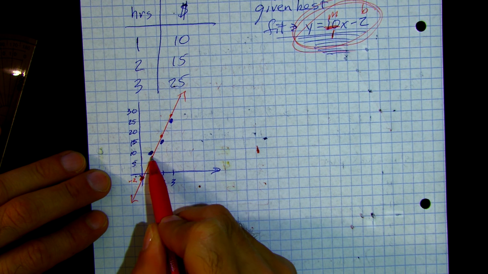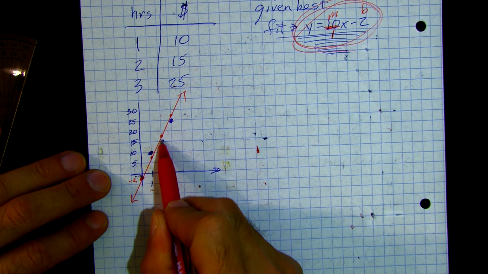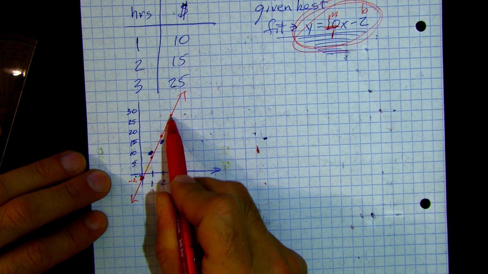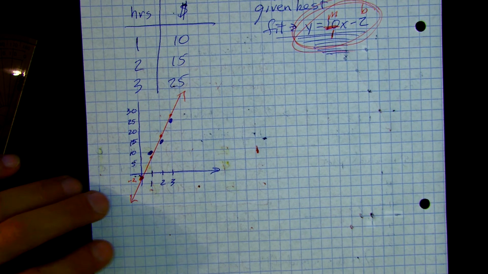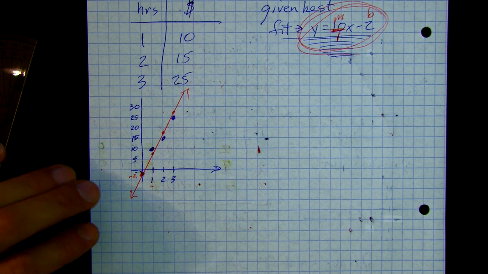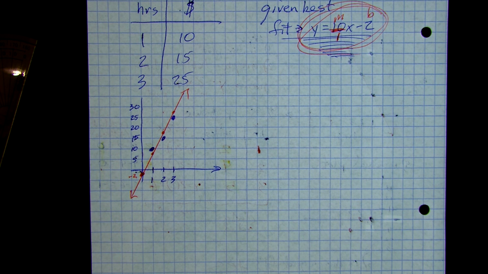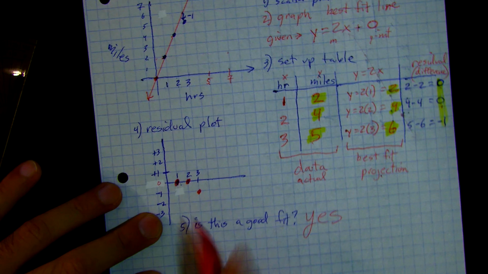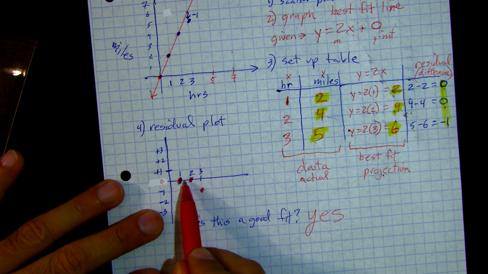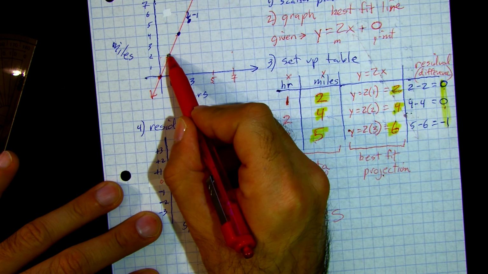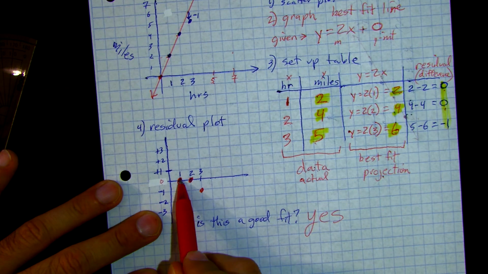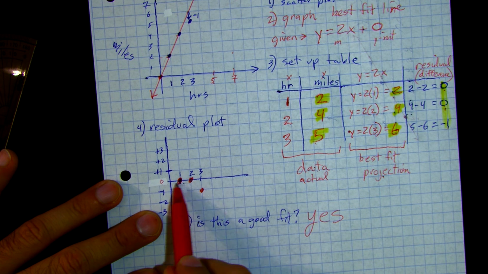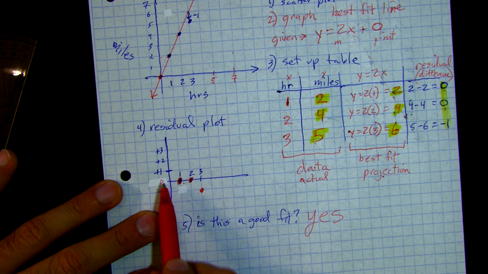Look, this one's a little above, maybe like +2. This one's below. This one's below. So we don't have any residuals where it's going to be perfect. Remember, a residual that's perfect is where at 1 it matched exactly on the line. Residuals that are perfect are going to be on our residual plot right here at 0, okay?